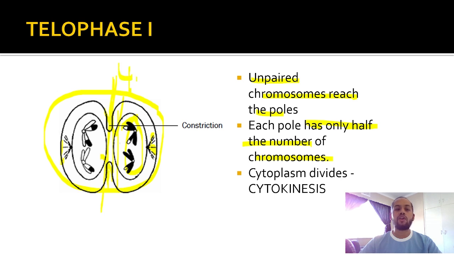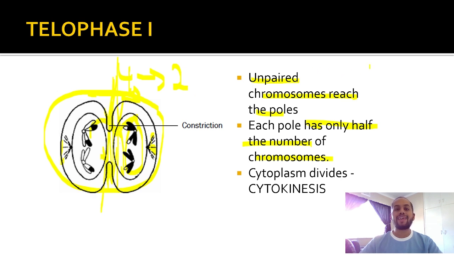So instead of 4 chromosomes, you are now going to have 2 chromosomes in each cell. Cytoplasm divides and cytokinesis occurs. So this division of that one cell into 2 separate cells is referred to as cytokinesis, which has halved your chromosomal number from 4 chromosomes in one cell to 2 chromosomes in each cell, because that one cell has now divided into 2 cells.